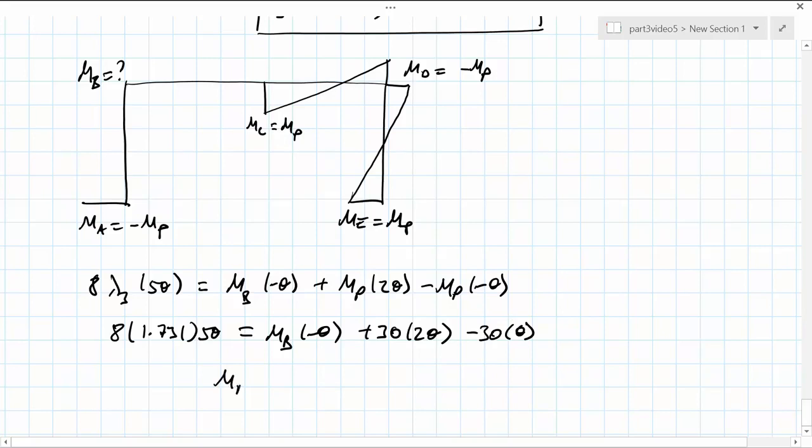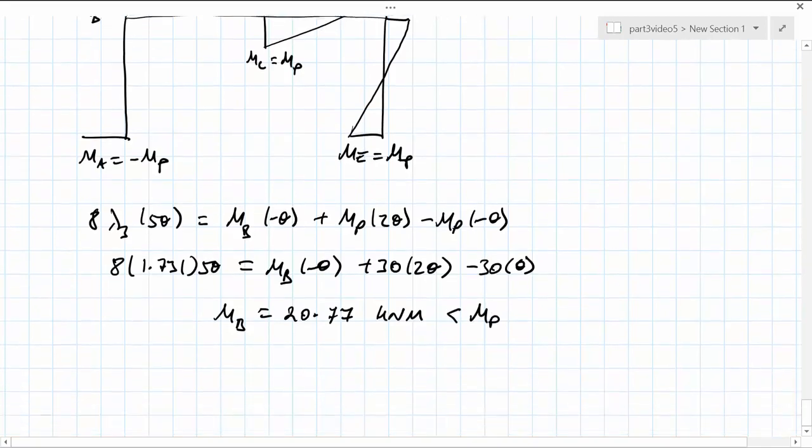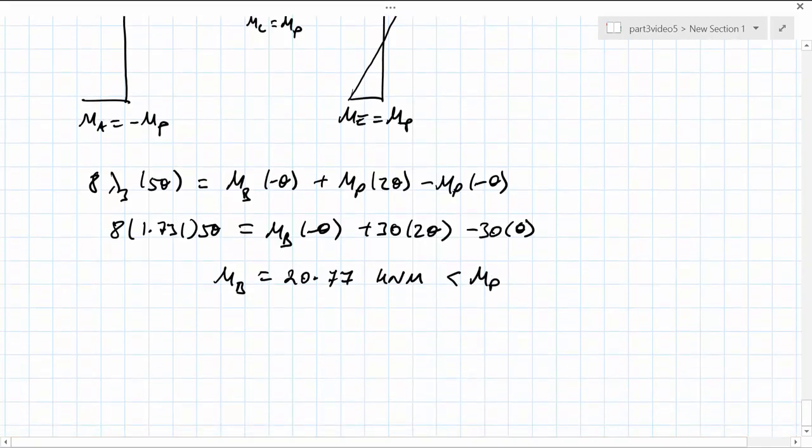So MB is equal to 20.77 kilonewton meters, which is less than MP. As a result of this, we are not seeing any violations in the yield moment, so we can say that lambda C equal to 1.731 is the true plastic collapse load factor.